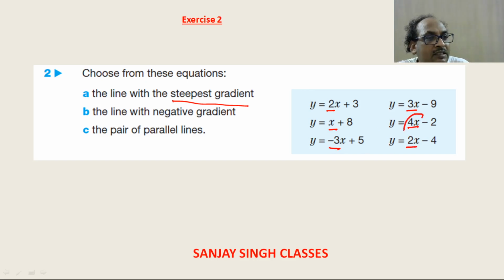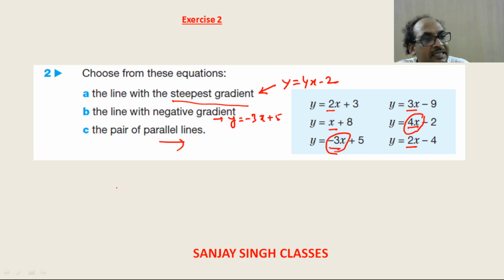So in this case, we find the gradient is largest here, so this line will have the steepest gradient. The line with the negative gradient is this one, y is equal to minus 3x plus 5.